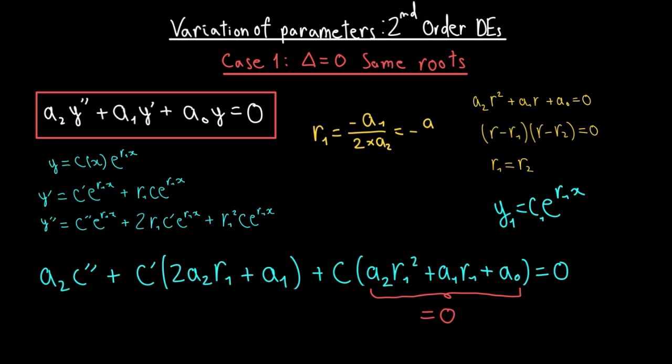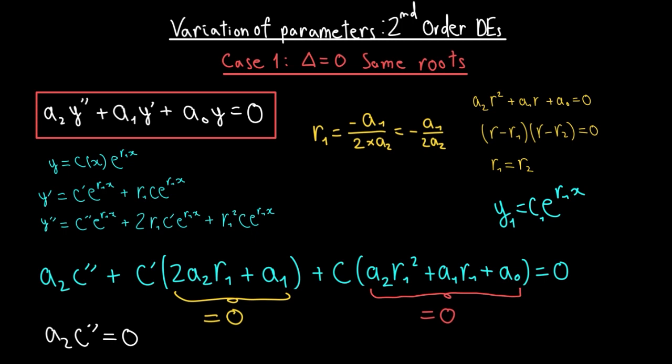So negative a1 over 2a2. And so if we plug in our expression of r1 into this expression over here, we get 0. And therefore this means that a2 c prime prime is equal to 0.